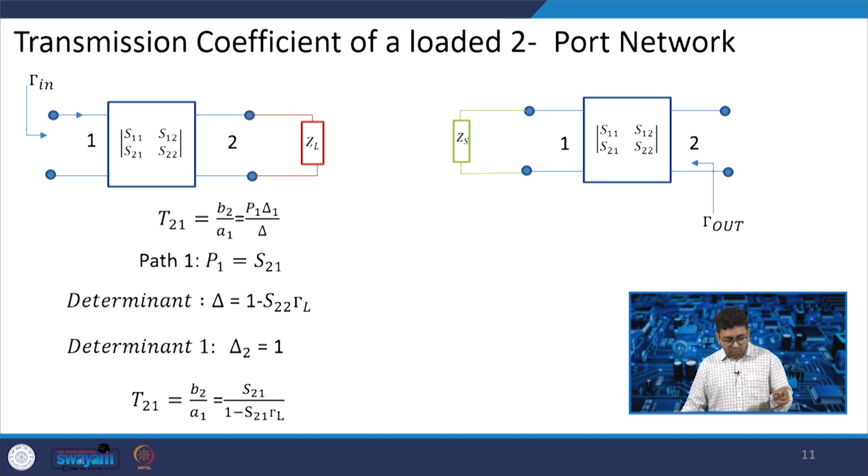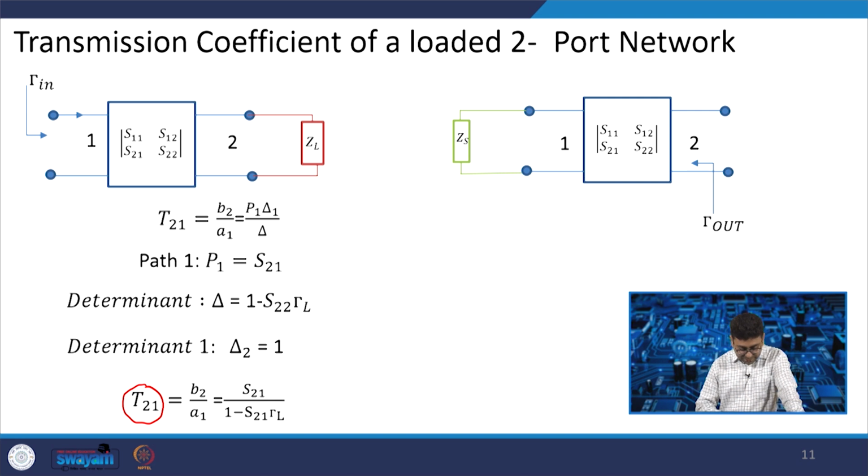Before finding each parameter, we will first find B2 by A1. So, that is T21. What is the transfer function for T21, that is B2 by A1. How to find it?